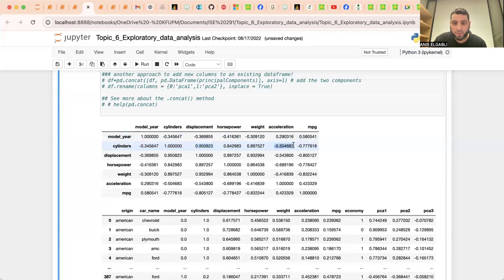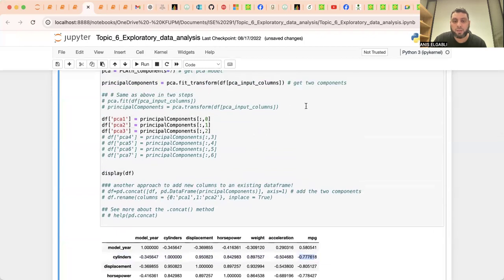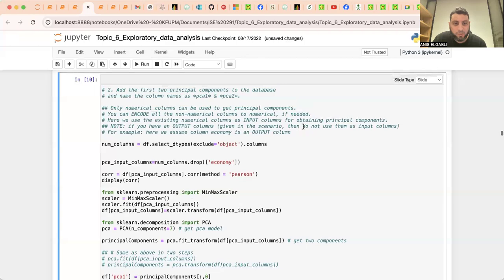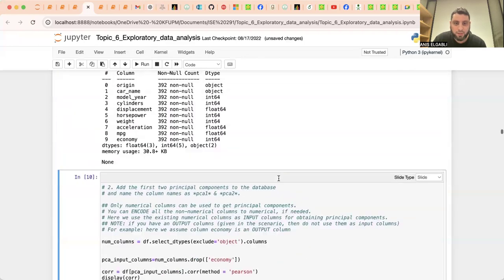But with the acceleration, it's not so high, and also with the miles per gallon, the direction is negative, but the strength is not as high. Definitely there is correlation, but not to the point that we only need one feature out of all of these, or that we can project to 1D. And we actually saw that.